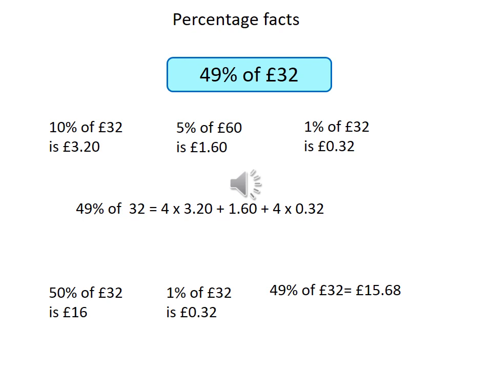So to get 49%, I can just do 50% take away 1%. 16 take away 0.32. Whichever method you use, you should find that the answer is £15.68. You may have found a completely different way of doing it. As long as you're getting the right answer, it's fine.